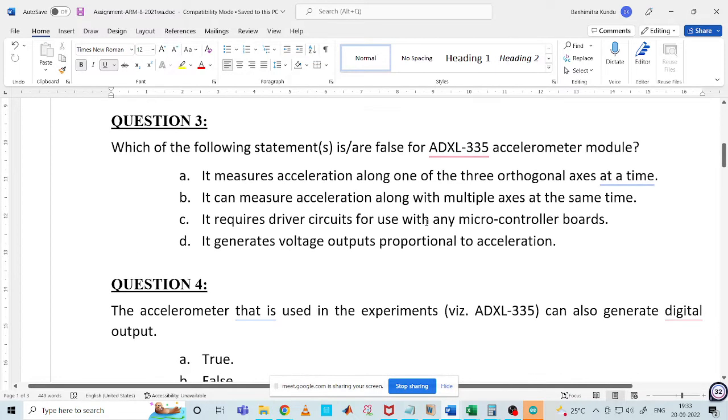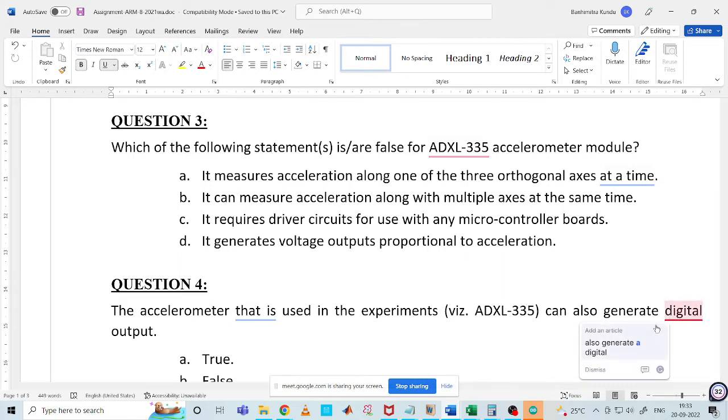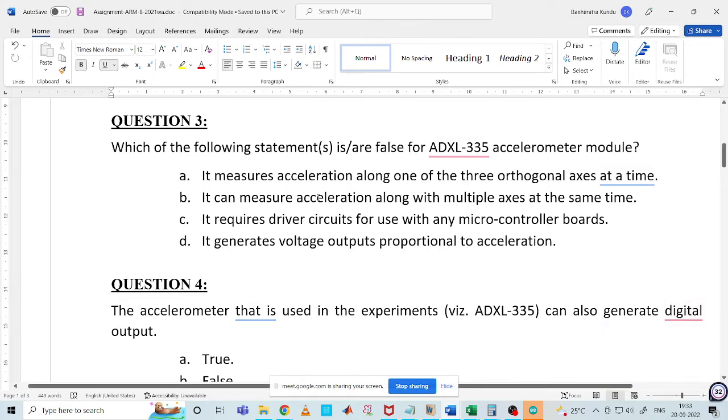Question 3. It's the same here, I think. B and D. No, sorry, it's false. Correct.